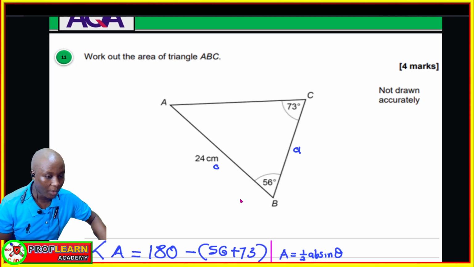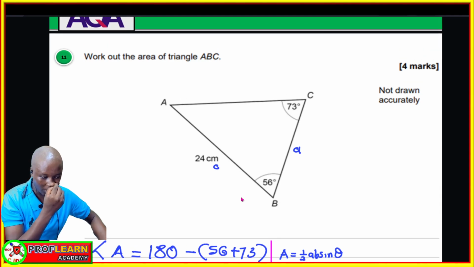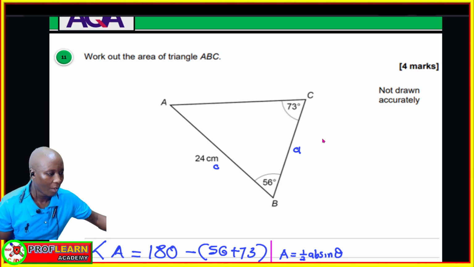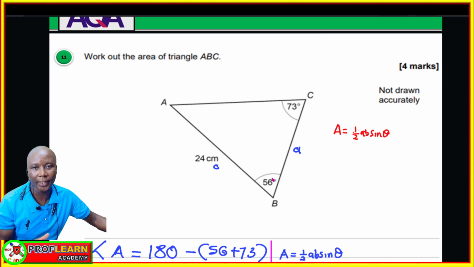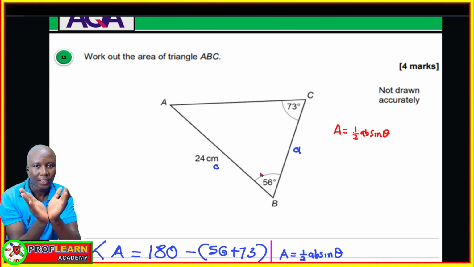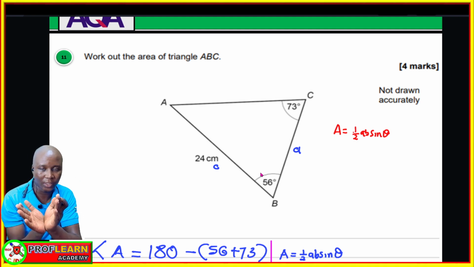You can also be expected to work out a question to do with an area of a triangle. For you to find area of a triangle, we can say area of a triangle is equals to a half AB sine theta. So that's when you are given one angle and then the two sides that are forming that particular angle that you are using.